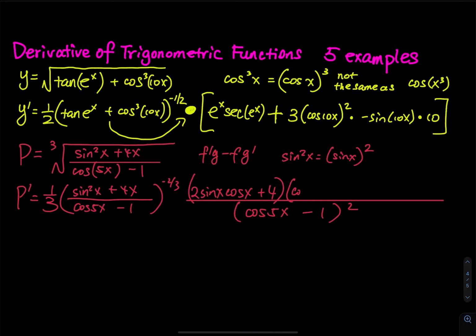Copy the denominator, and then minus the numerator, sine square x plus 4x, and then you multiply the derivative of the denominator, which is what? Negative sine of 5x. There is a 5 in front, and then minus a 0. All right, so that is number 2.